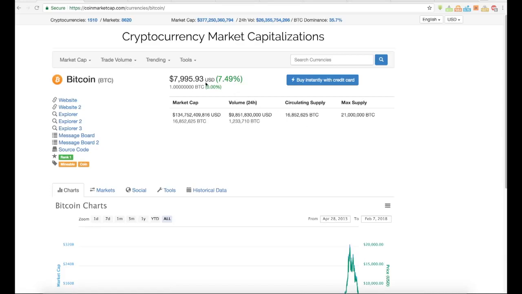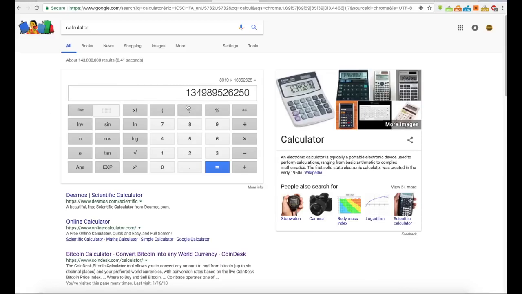These two numbers are what the calculation is, and that multiple creates this number. Watch, this was when the price was $8,010. I would take that total circulating supply and I would get the market capitalization. So that's just a real basic way that market cap is calculated. I hope that makes sense.